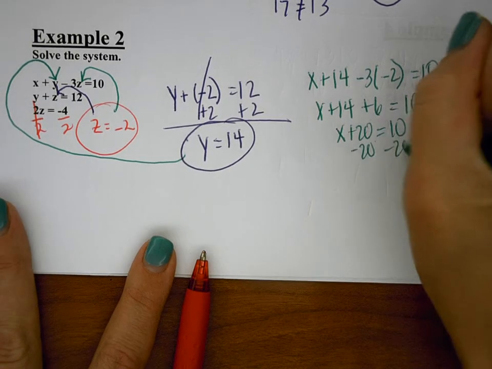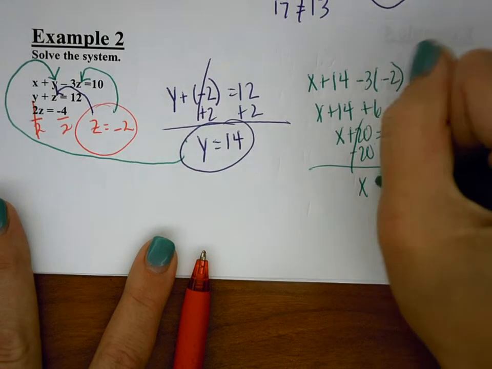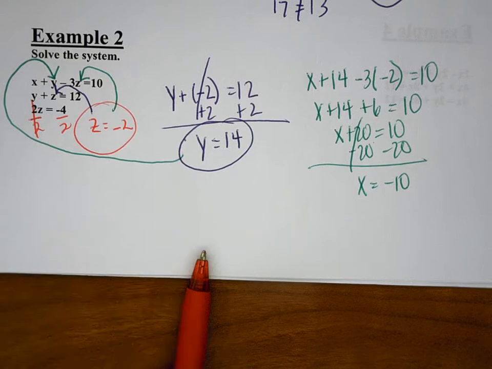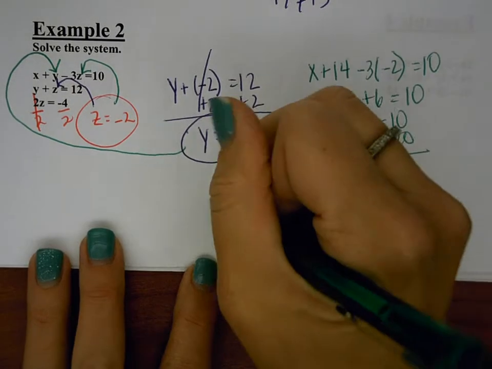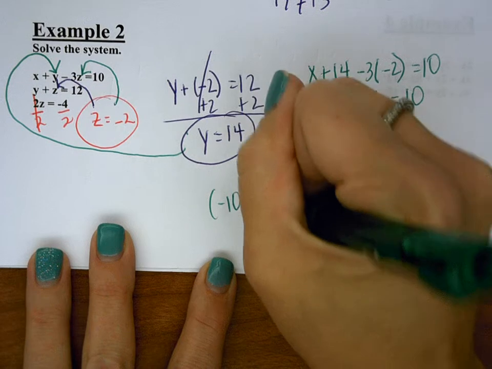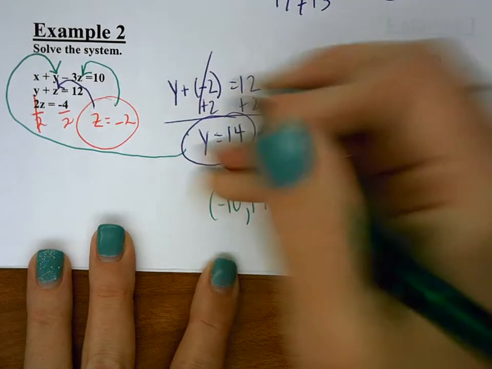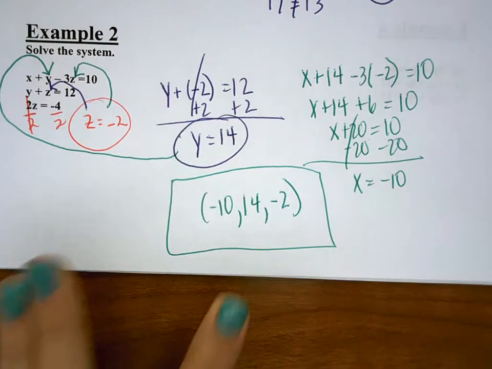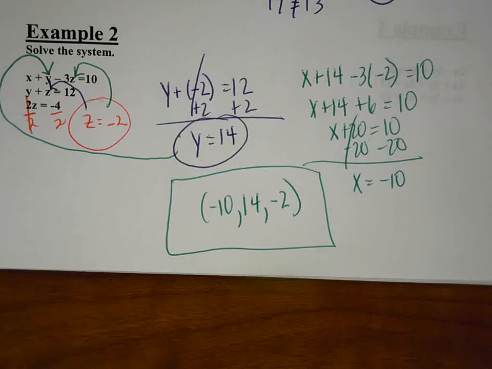Perfect. And we get x equals -10. How do I write my answer? X, Y, Z. So -10, 14, -2. And that is my answer. Any questions so far? Okay, moving on.